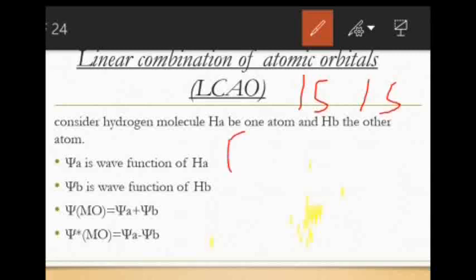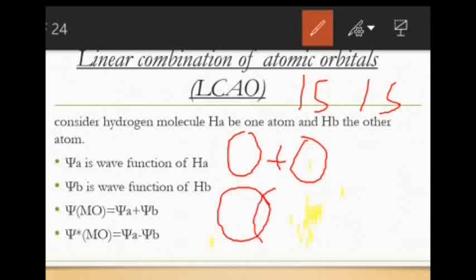If these 2 orbitals are combined by addition, they combine in this form, overlap each other, and in this region electron density is more. Probability of finding electron is more in this overlapping region.